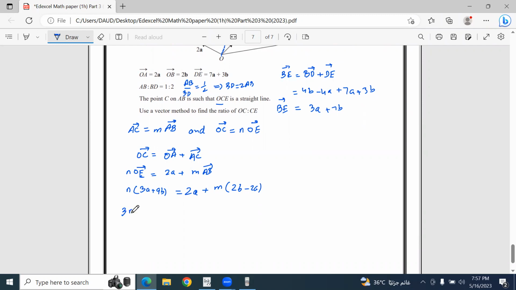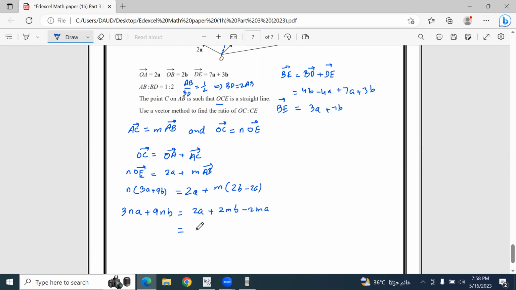So 3NA plus 9NB is equal to 2A plus 2MB minus 2MA. Just bring together the like terms, like A and A.